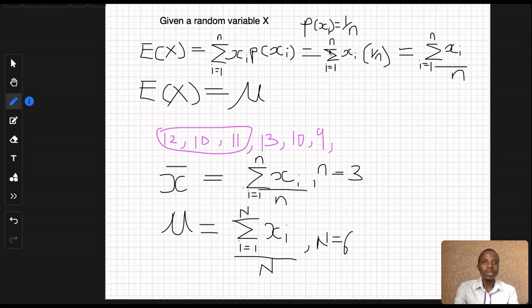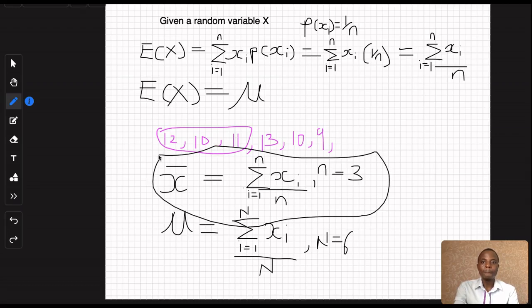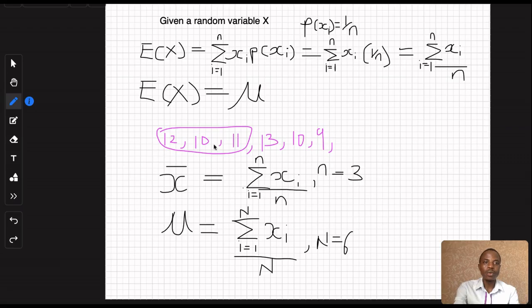We are only using this to illustrate what happens in reality, so you will understand that what you have as your mathematical expectation is approximately equal to, or somewhat very close to, what you have here. It is believed that if you do it well, what you have here should be very close to this. So that's why it's called an expected value. You are expecting that it should be very close to this, and that's why we write that the expected value of this should be equal to mu.